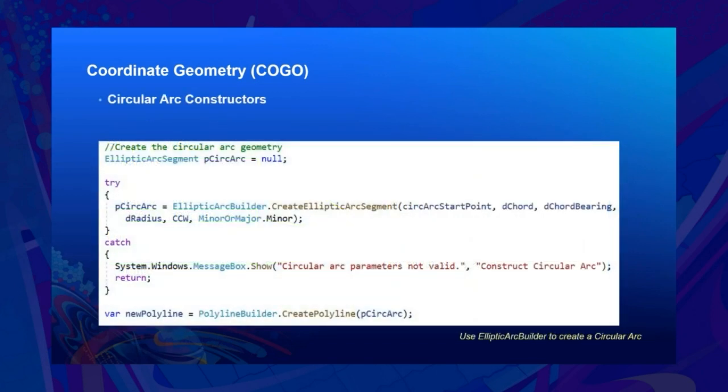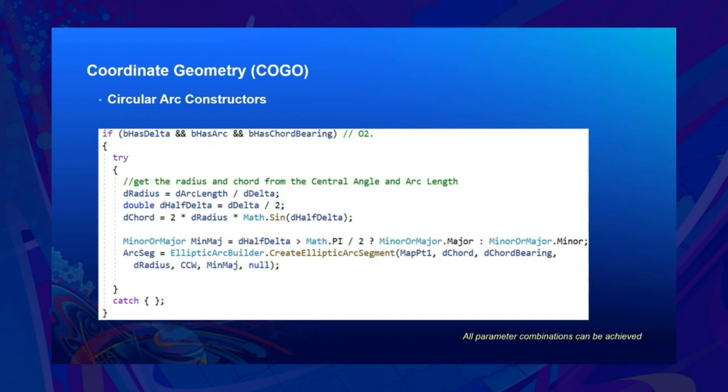Circular arcs can be created via the API using the elliptical arc segment class and the elliptic arc builder. This seems strange at first, but the circular arc is really just a special form of an elliptical arc. You can achieve all of the different parameter combinations just using some first principle circular arc geometry, as shown here. In this instance, we're creating a circular arc using a delta, an arc length, and the chord bearing.